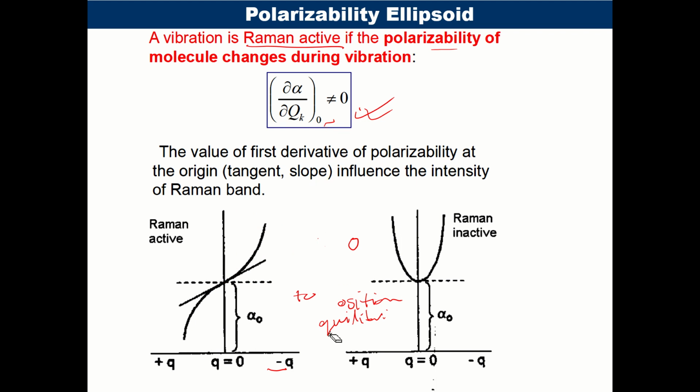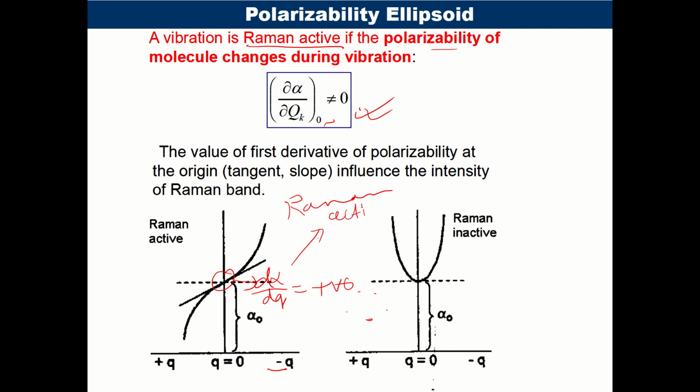So in the first picture, on the left hand side, d alpha by dq is positive here, so this must be Raman active, very close to this point. If something like this happens, then you can see that at the equilibrium position, d alpha by dq is 0.